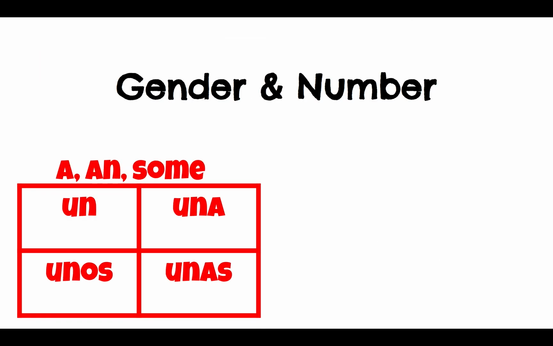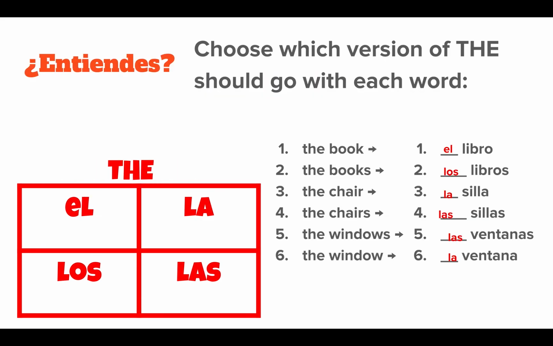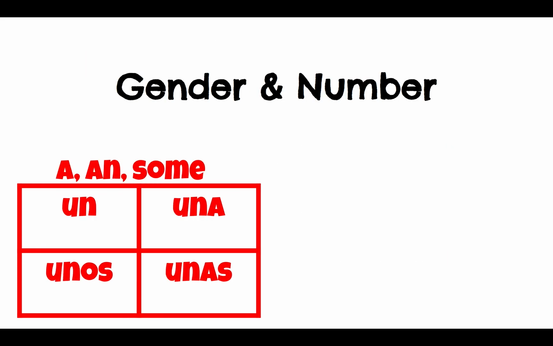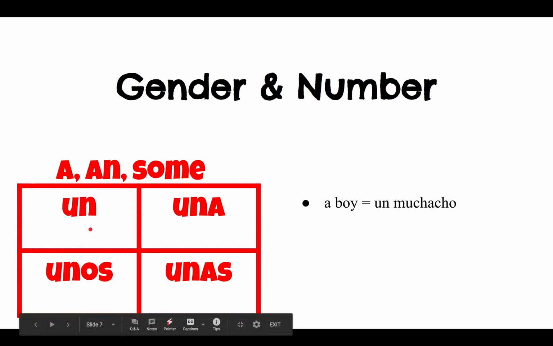Now we're going to see, instead of the word the, we're going to look at how to say a, an, or some. It's the same concept. We have a masculine and a feminine version, and we have a masculine plural and a feminine plural version.